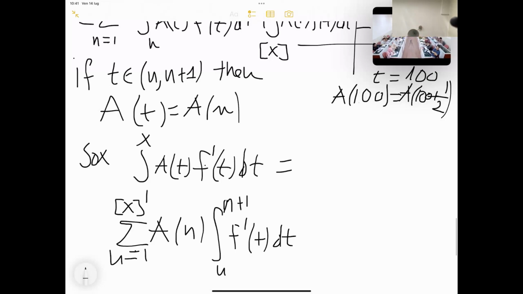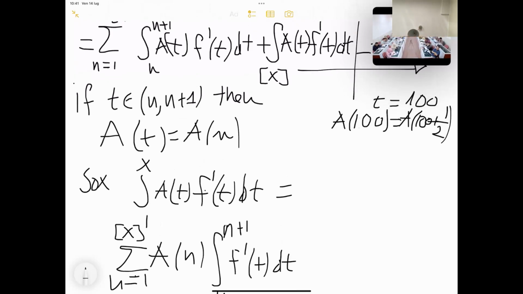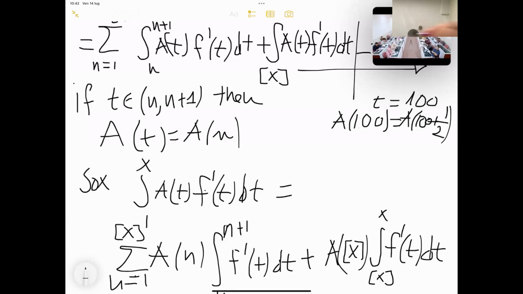And then there's this last bit here, which is going to be plus a of the integer part of x, which is the value on this last interval of a of t, and the integral between the integer part of x and x of f prime of t dt.